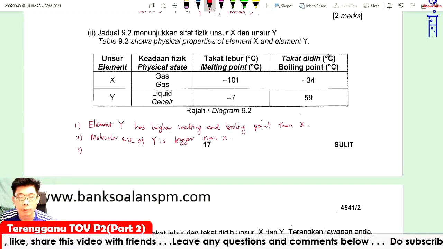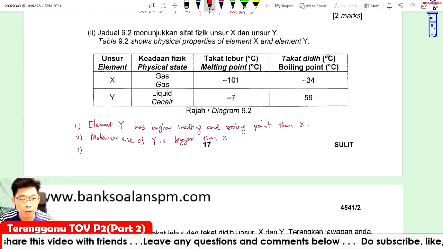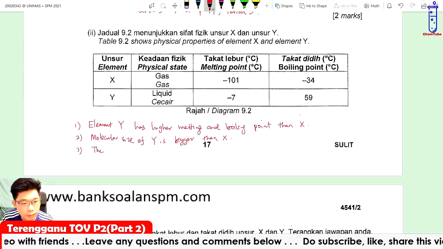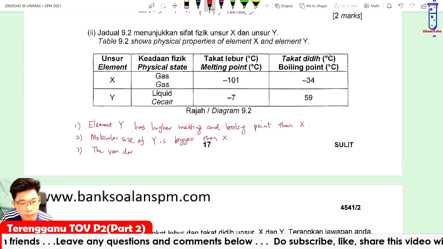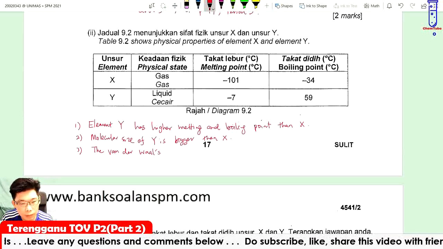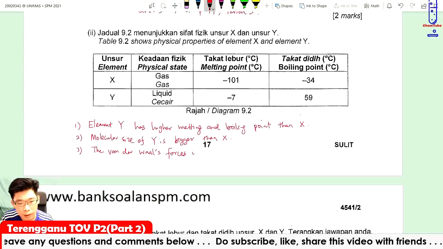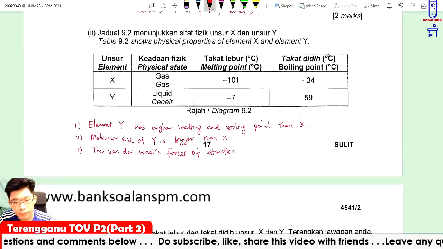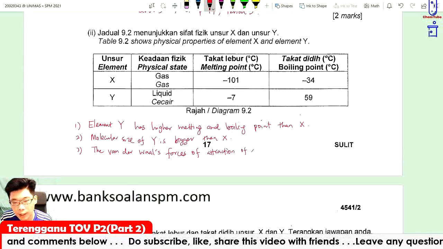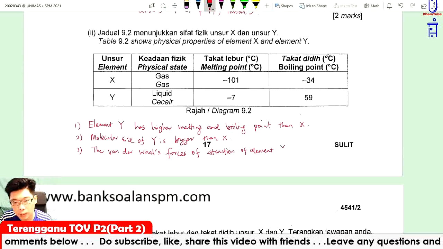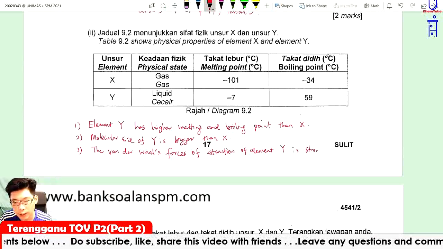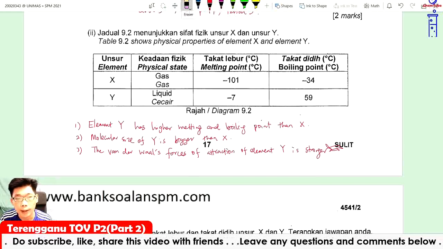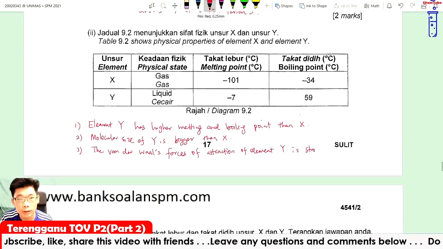What is the attraction force for the molecules? You can specify it: the van der Waals force of attraction of element Y is stronger than X.